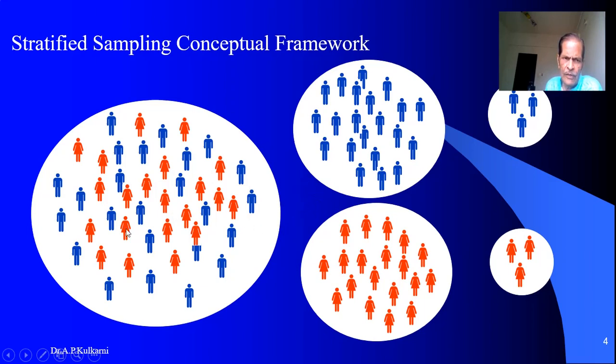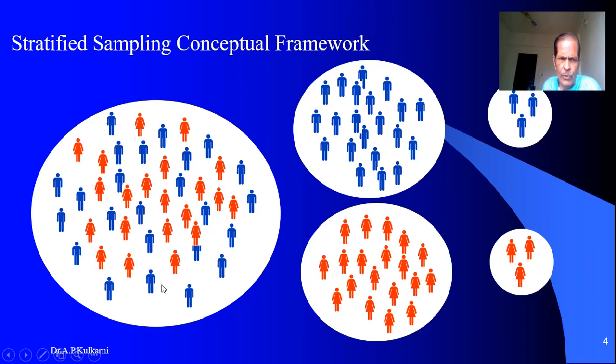So we identify all the males in this population, consider them as a separate population, and have a separate list of the males. Similarly, we identify the females in this population and have a separate list of the females. Then we treat these as two different populations as far as the variable in question is concerned, and draw a sample of males from this subgroup and a sample of females from this subgroup.